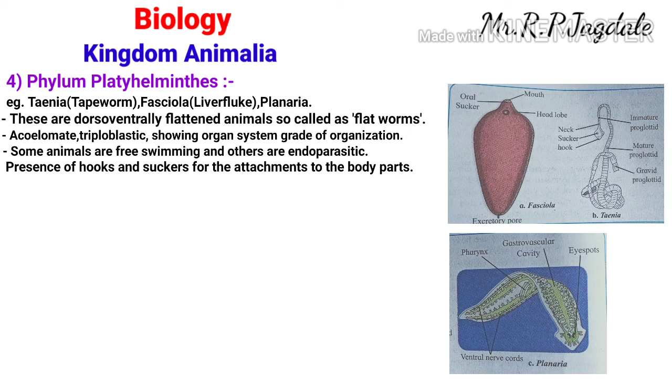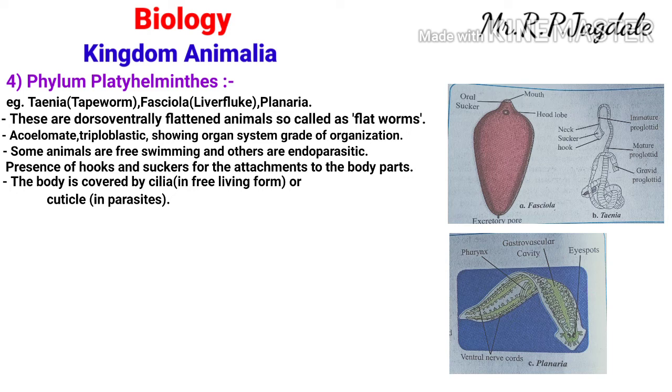The body of the organisms of Platyhelminthes is covered by either cilia or cuticle. It is covered by cilia in free living forms, and by cuticle in parasitic forms.